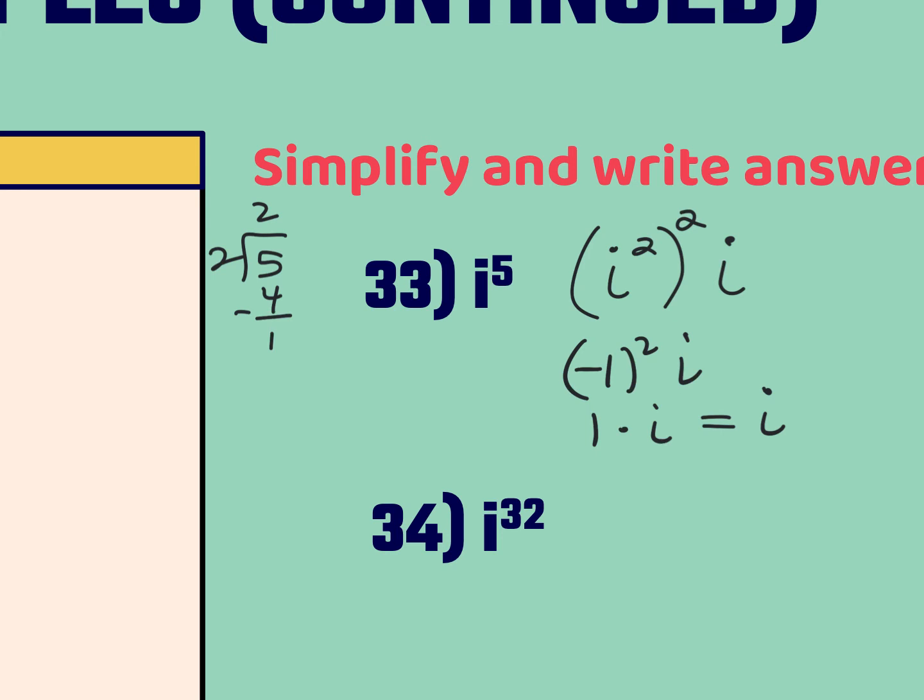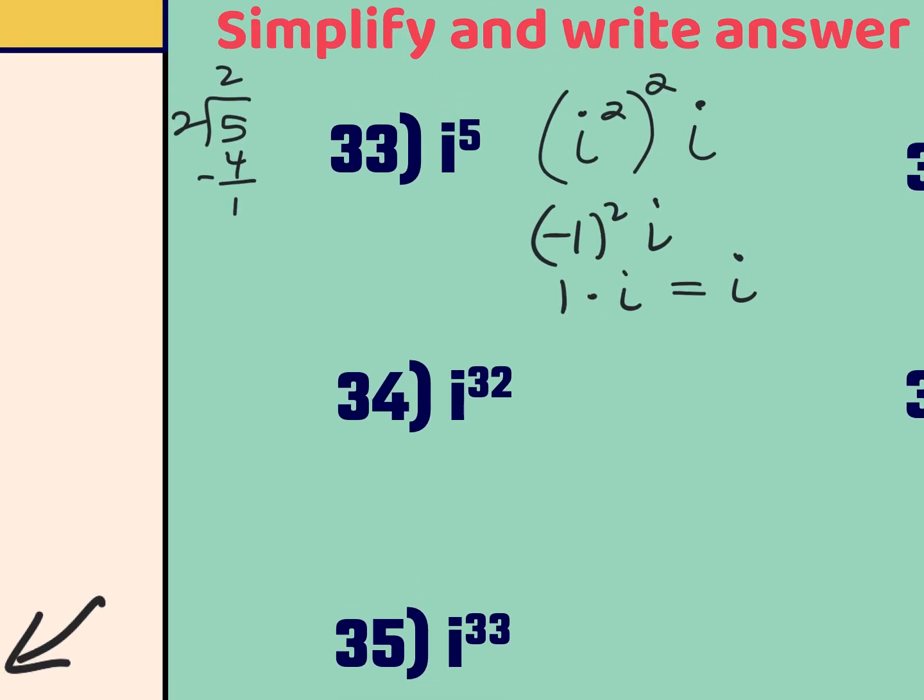Number 32. I'm going to divide it by 2, and I get 16. Notice this was even. I didn't have an extra i left over. My i squared, which is -1, raised to an even power, and my answer is just +1. Next one.